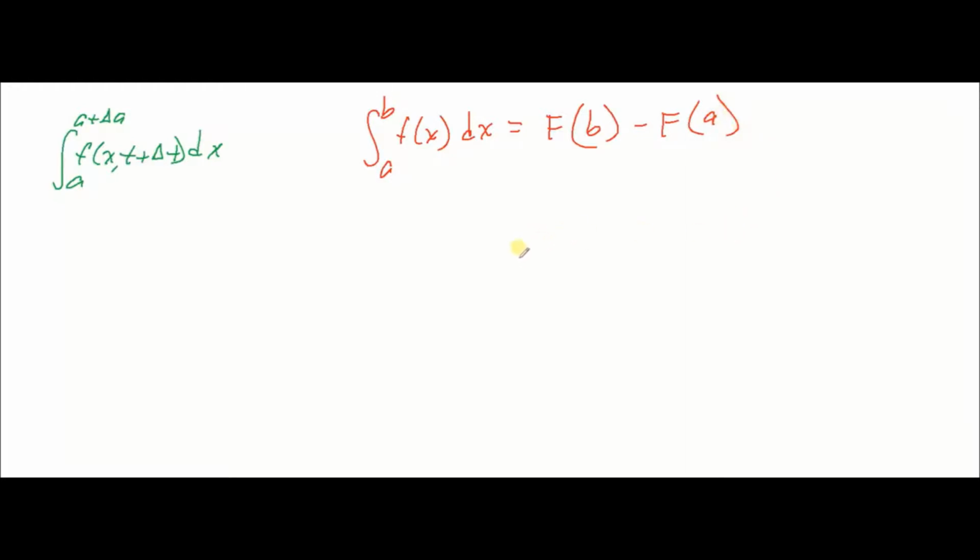And then another thing that we also have is the intermediate value theorem for derivatives.